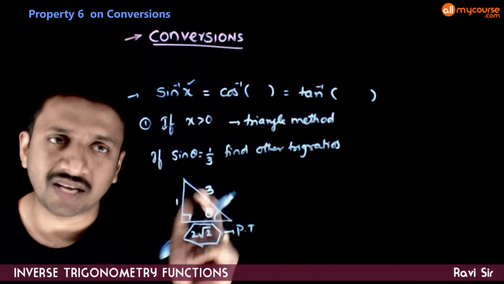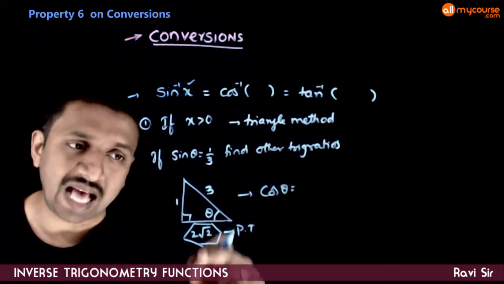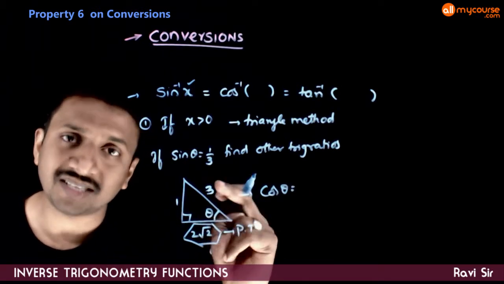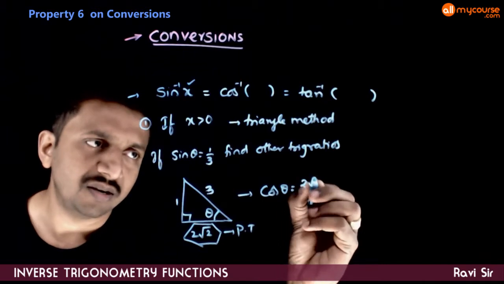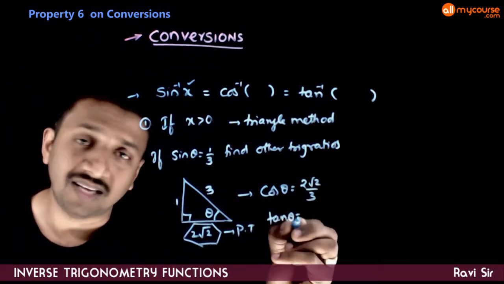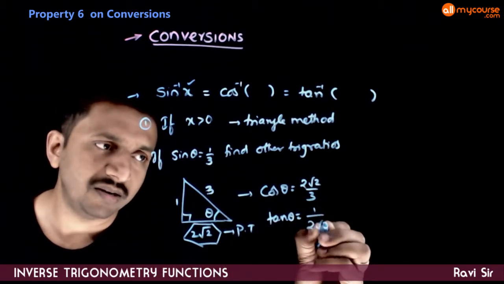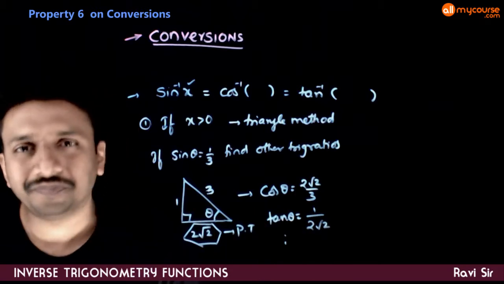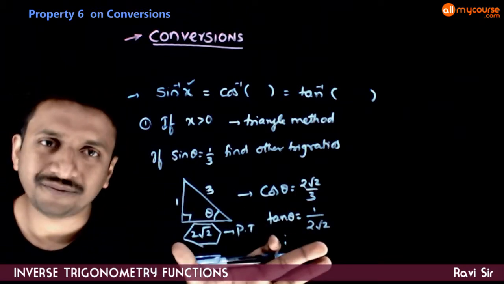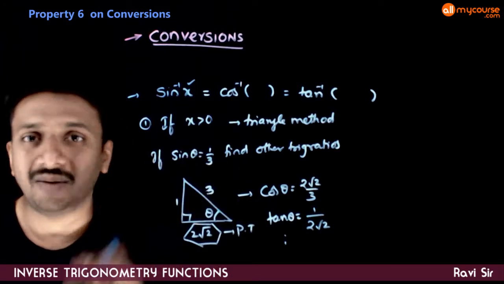Now sin theta is given as 1 by 3. So cos theta has to be equal to adjacent side by hypotenuse, that is 2 root 2 by 3. Tan theta is opposite side by adjacent side, 1 by 2 root 2. So this is how you find the trigonometric ratios using triangle method.